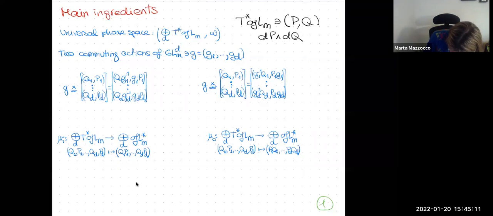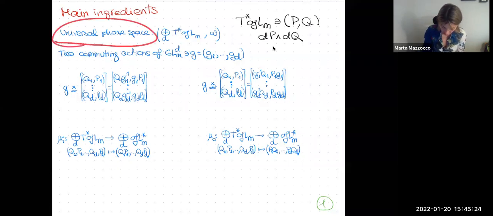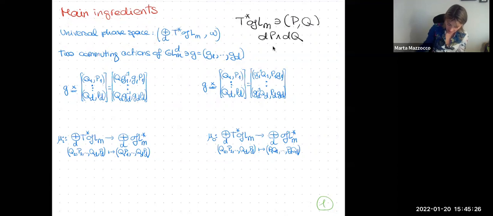Okay, so this is the super easy stuff that we don't need to even think to do. And then I call this object, for some reason, a universal phase space. So this is going to be the space where we work mostly. And I will show you that it contains, you know already, one of very beautiful mathematical structure.